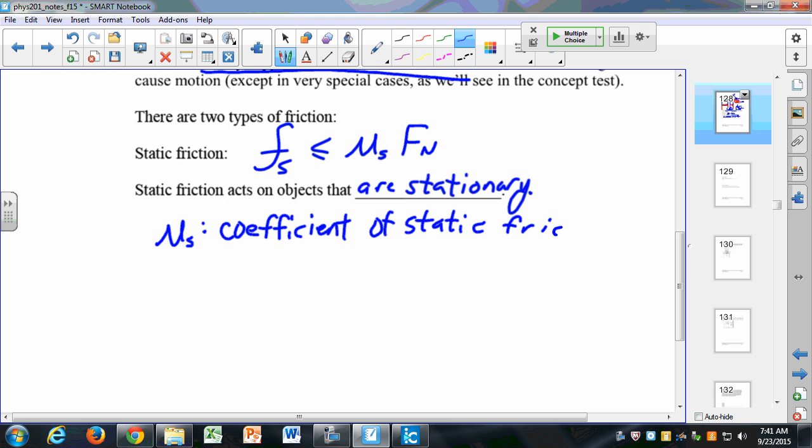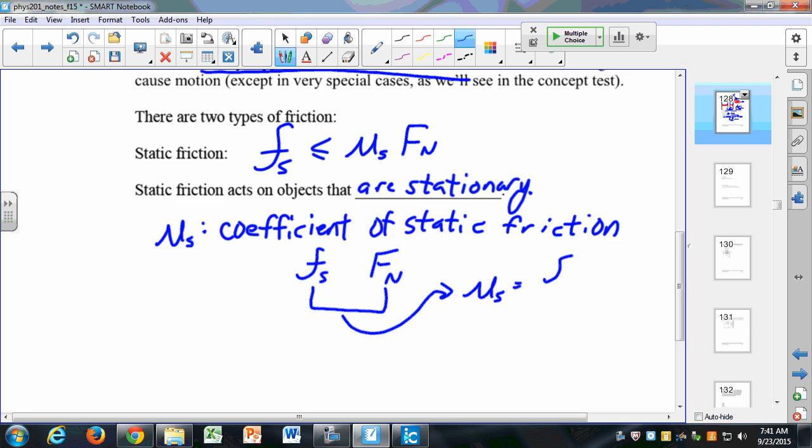You'll actually measure this in the lab next week, in the next lab after your midterm. The coefficient of static friction is measured experimentally. You simply measure the static frictional force, and you measure the normal force. When you measure these two, then mu s is just equal to the static frictional force divided by the normal force. All right, so that's our coefficient of static friction.